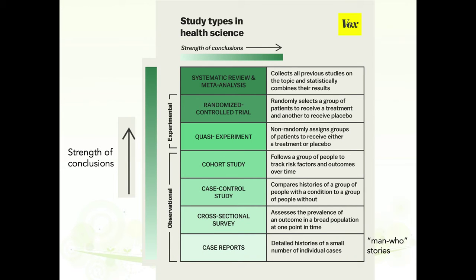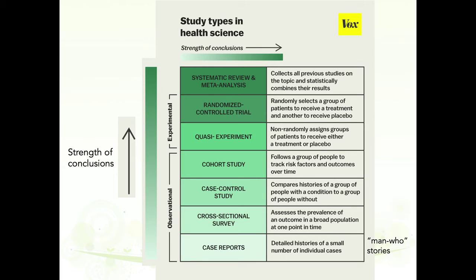So I encourage you to think about this framework when you think about the strength of particular evidence. At the bottom we have what we call anecdote, or when written up formally in the literature, a case report: detailed histories of a small number of cases. My professor in university, Dan Riesberg, I will always remember saying, these are man-who stories.